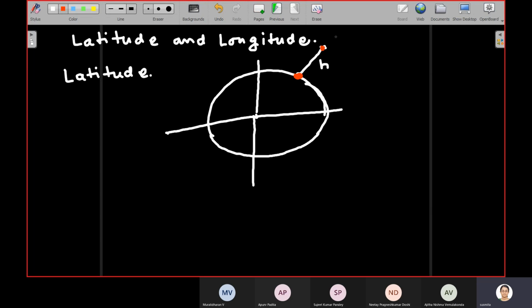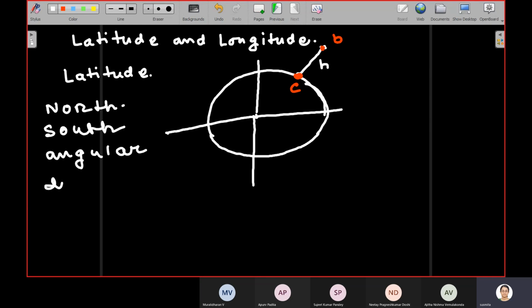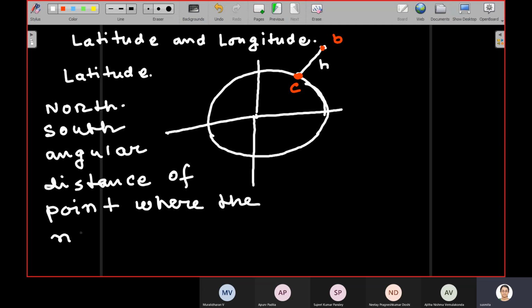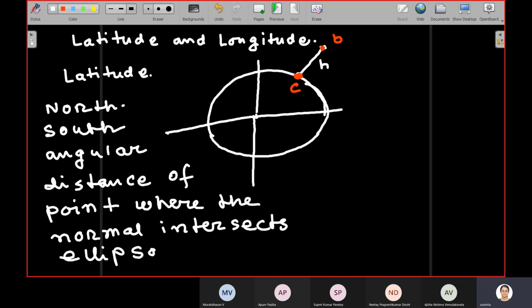So let's call this point B, and then this point C. The latitude of B is actually the north-south angular distance of C. So latitude is the north-south angular distance of the point where the normal intersects the ellipsoid. In this particular case, it is point C.